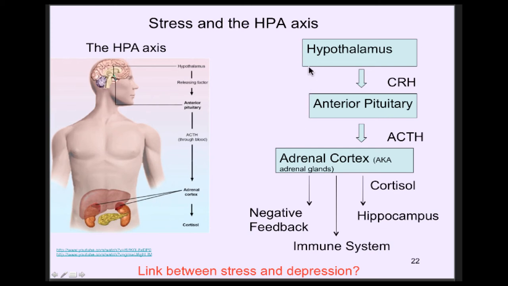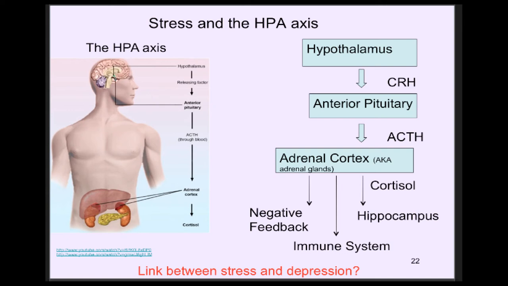So this HPA system is the connection between our brain's responses to threat and stress and our hormonal reactions. And so this is where we get our stress hormones, and also the ability to influence the immune system as a result of stress.